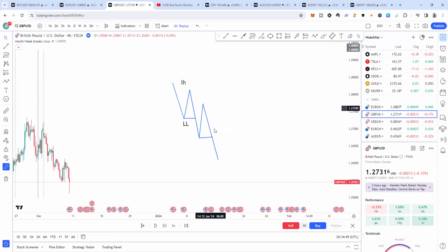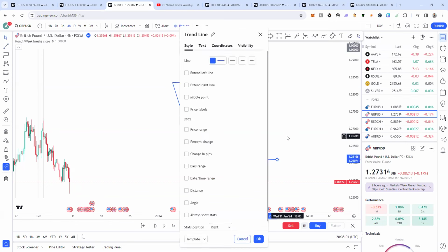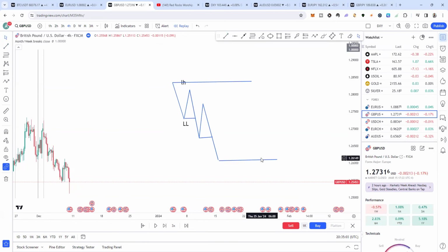So as price travels in, in a sell scenario, from this spot to this spot becomes your swing structure. And the price will do what?